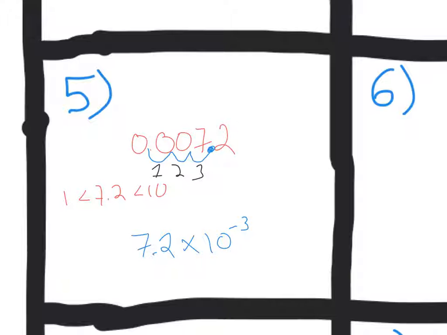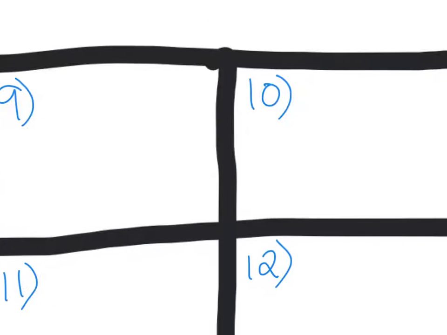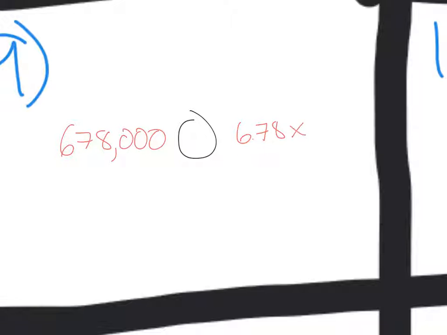Let me take a look at number 10. Sorry, number 9. We're asked to make a true statement: is it less than, greater than, or equal to? So we've got 678,000, sorry, I can't speak today, and we are asked to find out if that is less than, greater than, or equal to 6.78 times 10 to the 6th.